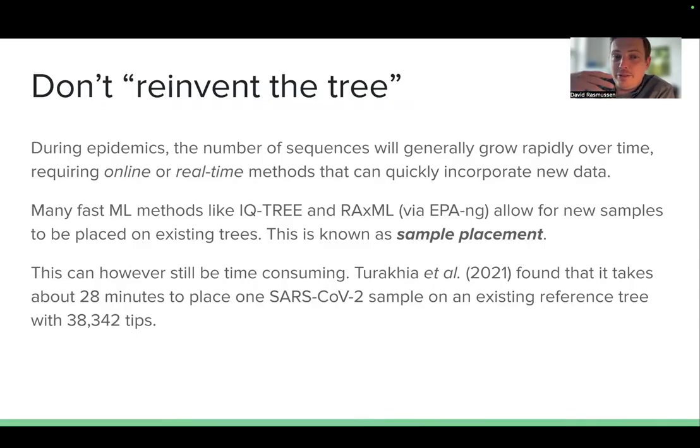Say we had a SARS-CoV-2 tree with 38,000 tips, and we wanted to figure out where to add just one new sample onto this tree. To do that under a maximum likelihood framework, we would have to compute the likelihood of the tree considering all possible attachment points of that new sequence onto the tree. So we'd have to do 38,000 new likelihood calculations, which can take quite a bit of time.